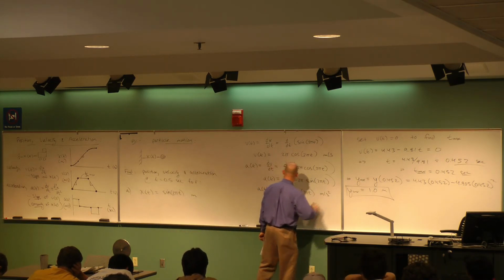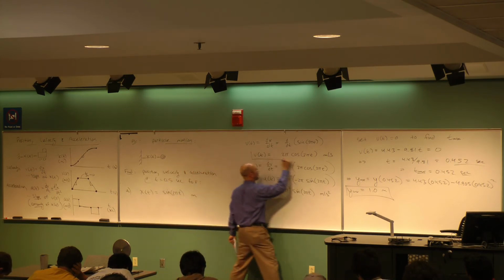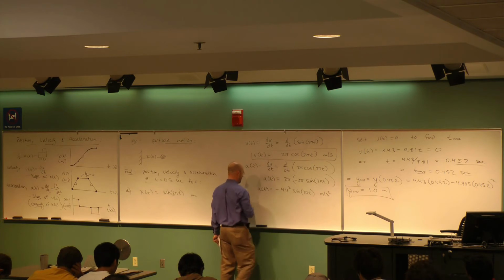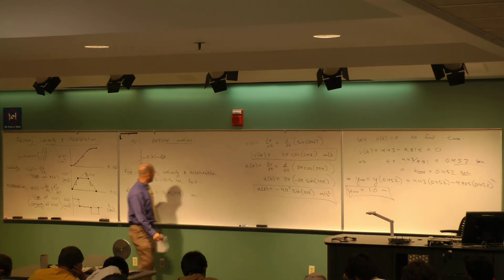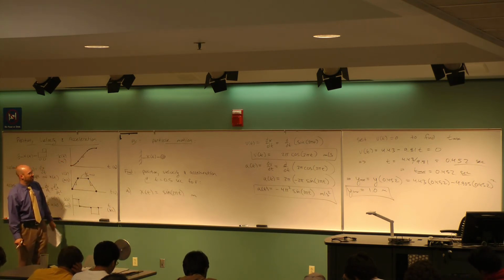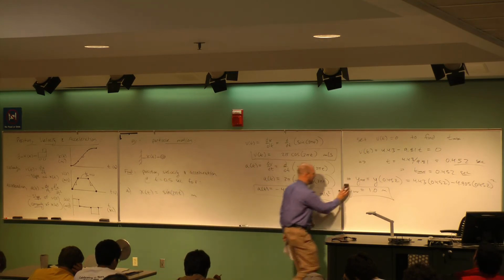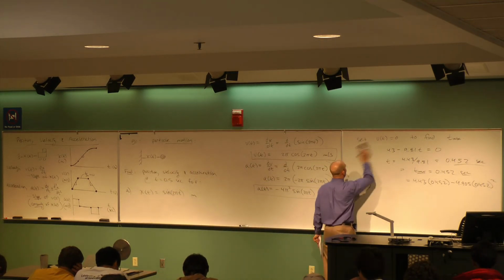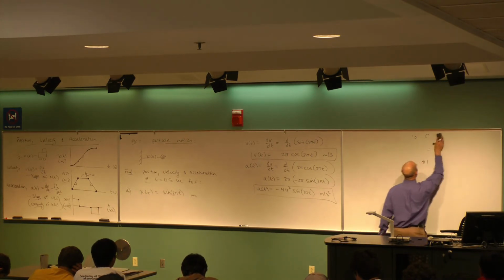Meters per second squared. All right, so I started with position. I got velocity by taking one derivative. I got acceleration by taking another derivative. But the question was, what are the position, velocity, and acceleration at one specific point in time? All right, so let's evaluate these at the required time, t equals 0.5 seconds.